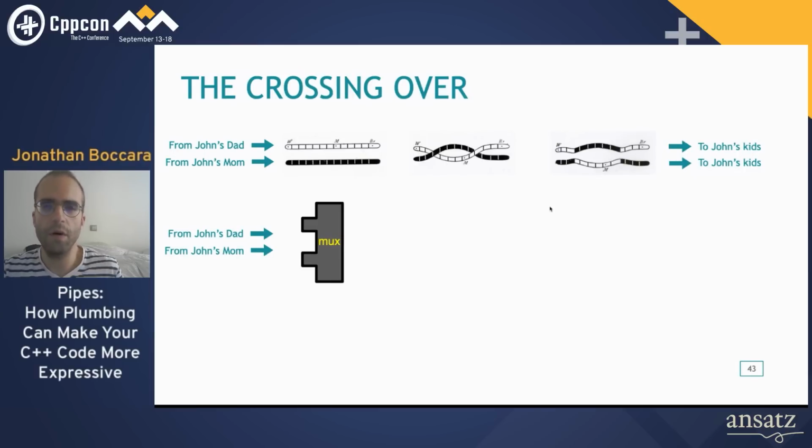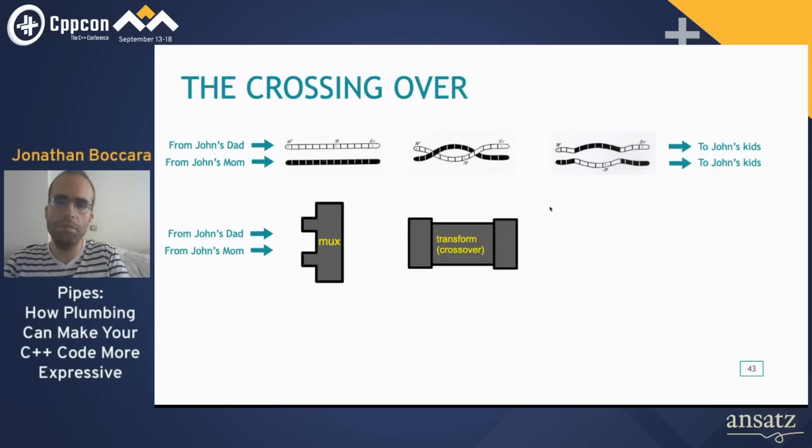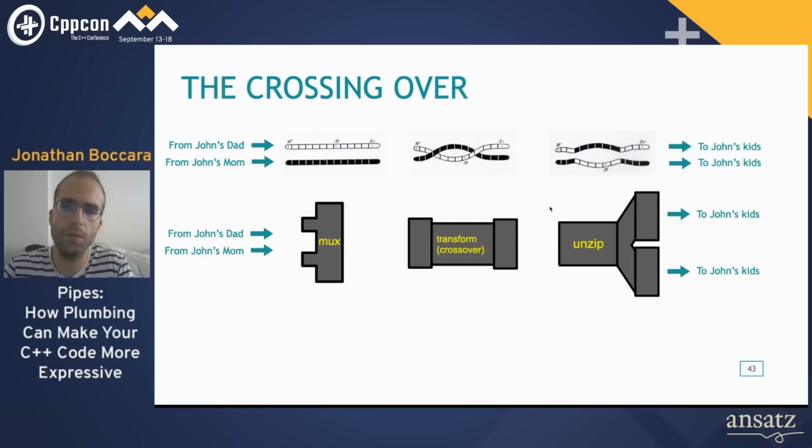MUX is going to provide every pair of chromosomes. And we say that we either want to leave them the way they are or to swap them around. So we're going to pipe them to this transform function that would either leave them the way they are or swap them around. And then we can pipe the result to UNZIP in order to break them apart and have two chromosomes for two potential kids.